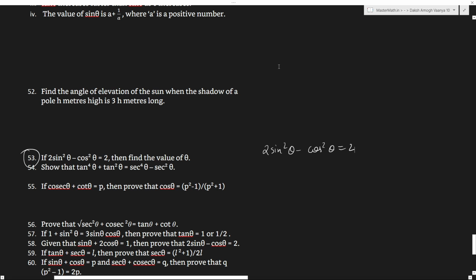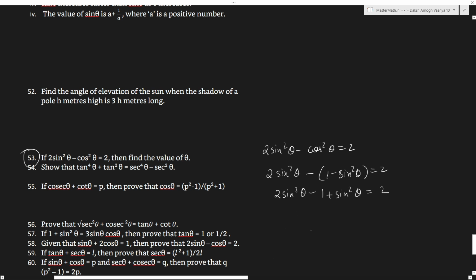So what I foresee is we can convert the sine square or cos square using the square identity. So 2 sine square theta minus 1 minus sine square theta is 2. Now probably you will get it: sine square theta minus 1 plus sine square theta is equal to 2.